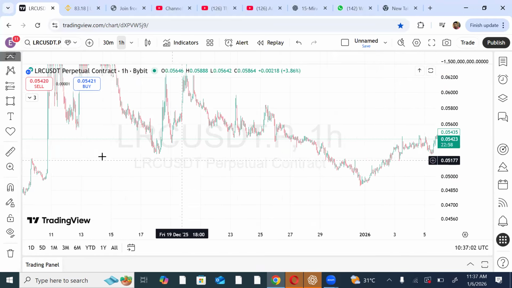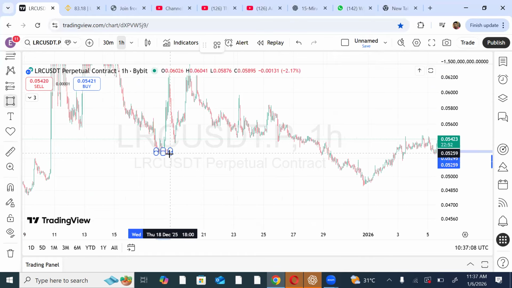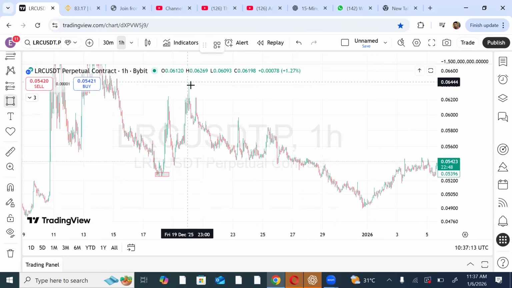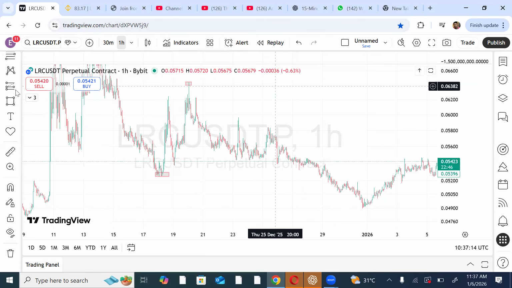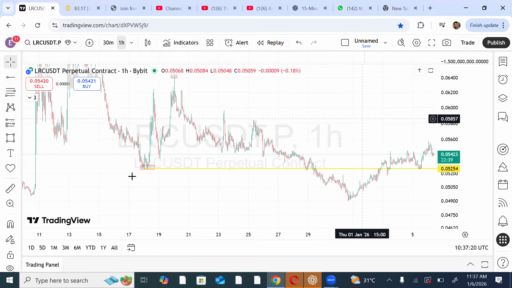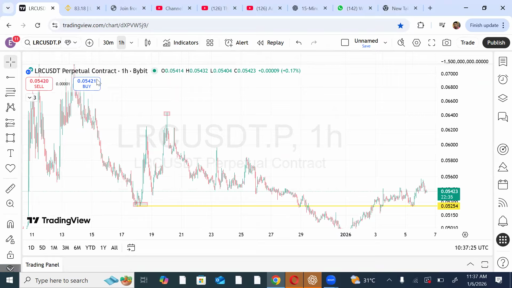Can you see we had a low here, somewhere around here, right? And we had a high here. Now, watch this. How do I know this is a sweep of liquidity? You can see how price returned back into the range. Let's say this is our range low, range high.